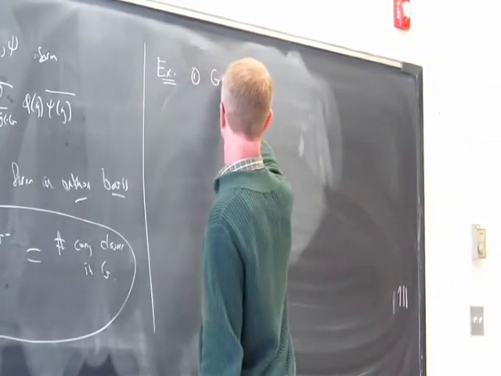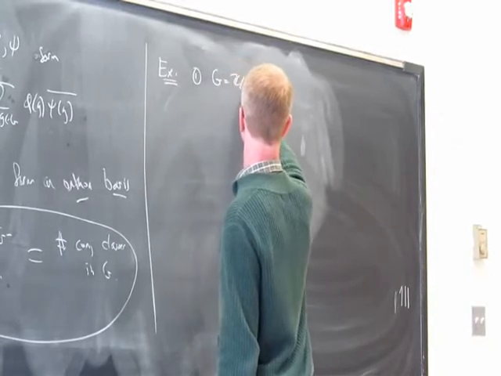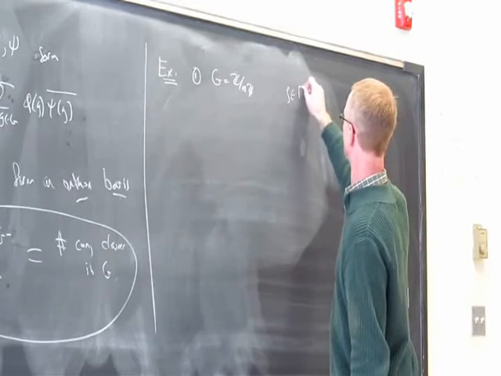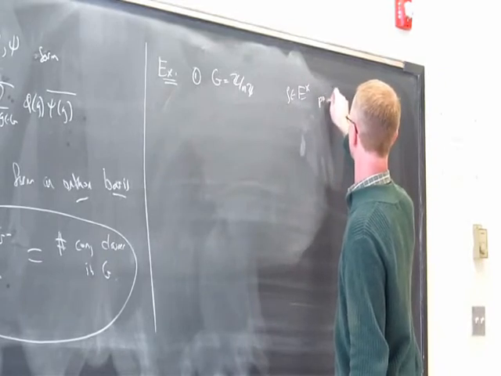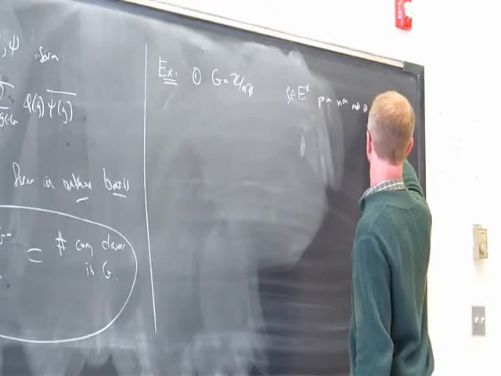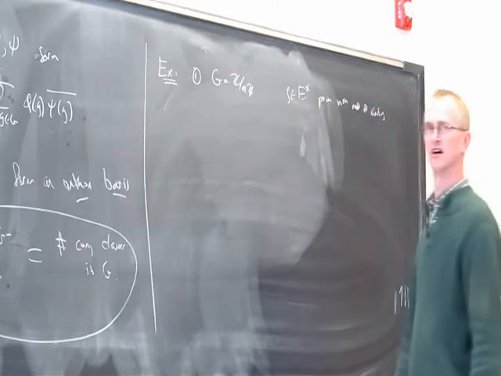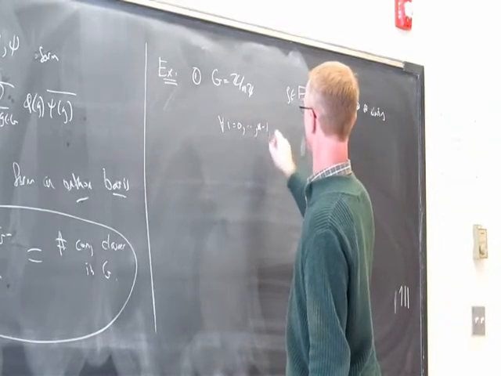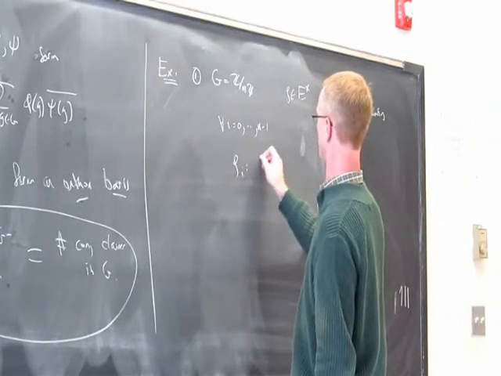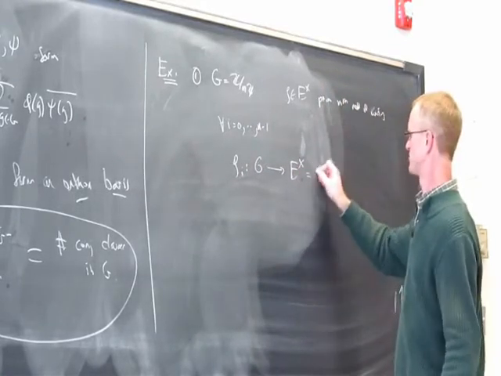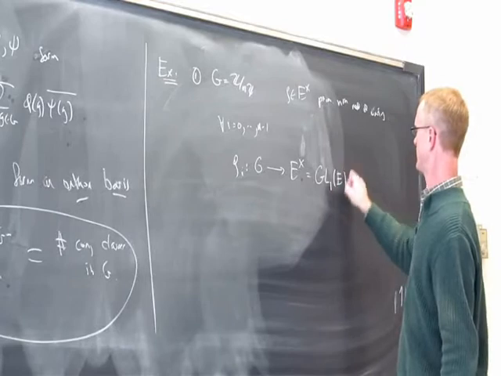The first one would be to take G to be Z mod n, the cyclic group. And then I'll take zeta in E, a primitive nth root of unity. And then for all i equals 0 to n minus 1, I get a rho sub i from G to E units, which is, of course, GL1(E).